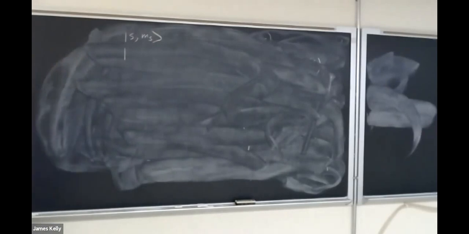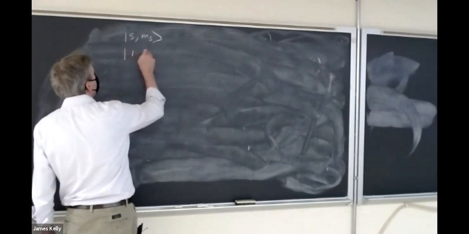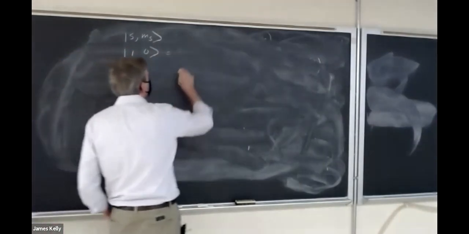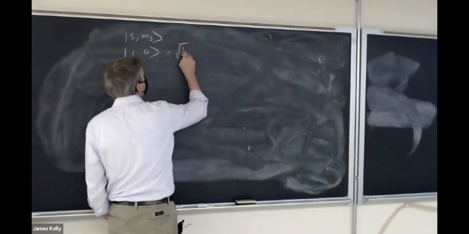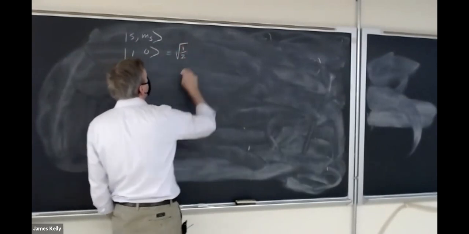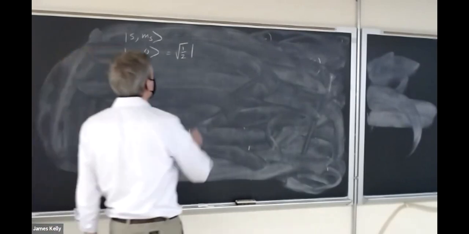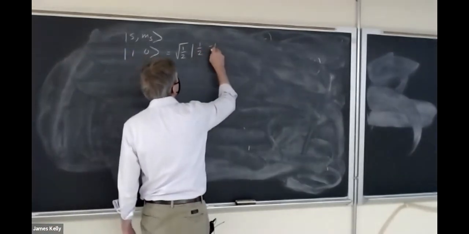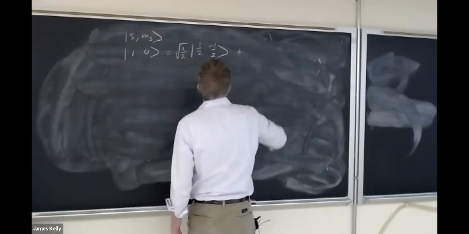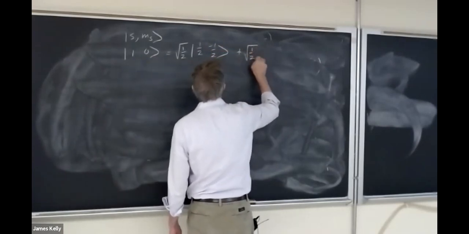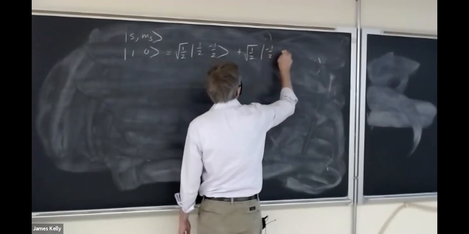It's telling me that 1, 0 is equal to root 1/2, you always got to remember that square root, and the first one is plus 1/2 minus 1/2, plus root 1/2 minus 1/2 plus 1/2.